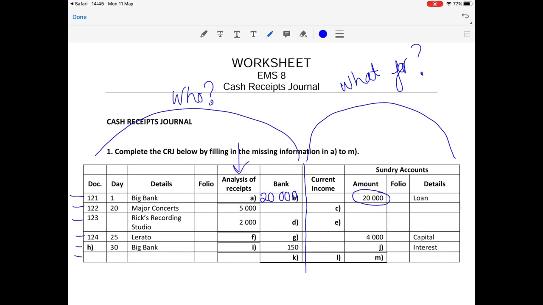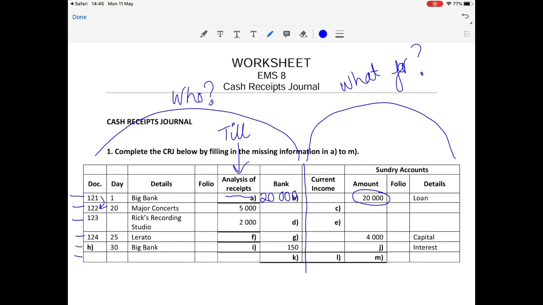The textbook says you must always put everything in analysis of receipts as well. However, I've told you that your analysis of receipts column is only for things that go through your till. So that bank loan of 20,000 Rand would not have gone through our till. We would not have put that cash in the till. So we are going to leave the analysis of receipts column blank here.